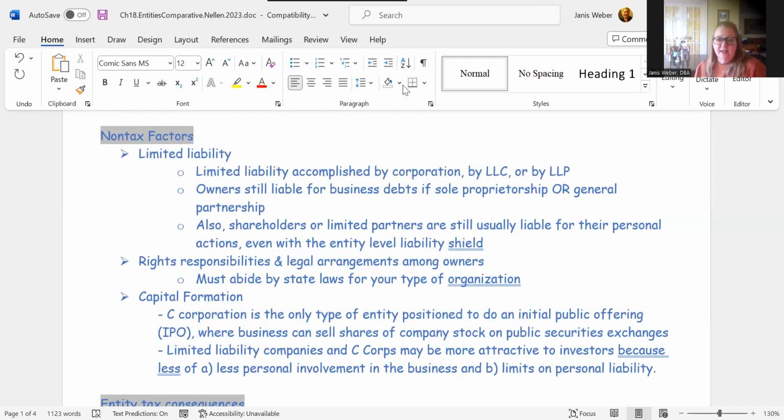And then a limited liability company and a C Corp a lot of times are more favorable for the same reason we've been talking about. The lower liability is one, and then a strict limit on liability as far as only the part you've invested is at risk. And the second one is it obviously involves less involvement if you're not the general partner.